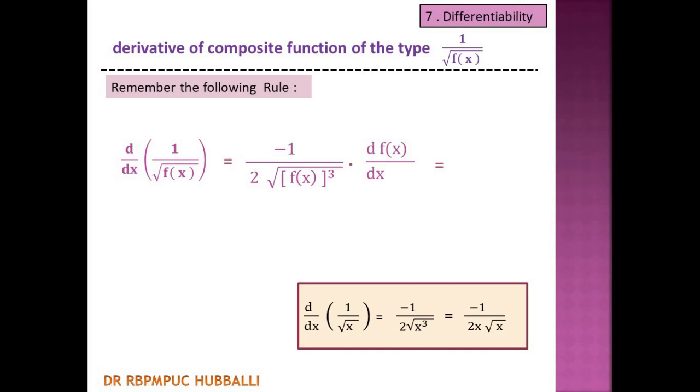Next, another formula: instead of function whole cube, it is written as minus 1 by 2 function into root f function into d by dx of the function, that is f of x. Once again I repeat, minus 1 by 2 f of x root of f of x into d by dx of f of x. So this is the derivative of the 1 upon root f of x function.